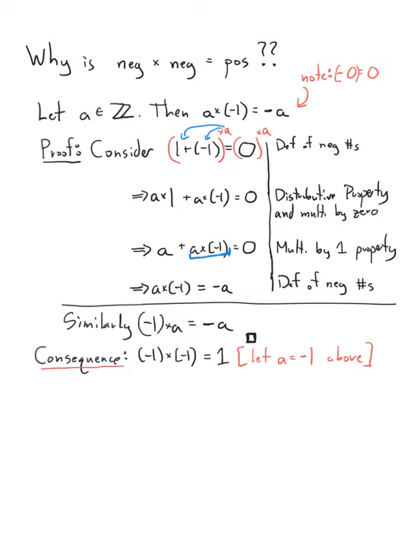Another consequence of these things is that if we have negative a times negative b, that's just a times b. And why is that the case? Well, let's just prove that really quickly.